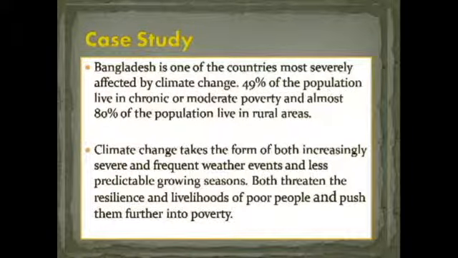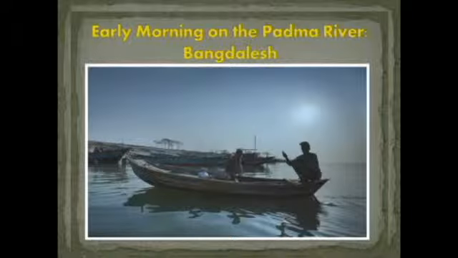Climate change takes the form of both increasingly severe and frequent weather events and less predictable growing seasons. Both threaten the resilience and livelihoods of poor people and push them further into poverty. And this is a photograph of an early morning on the Padma River in Bangladesh.